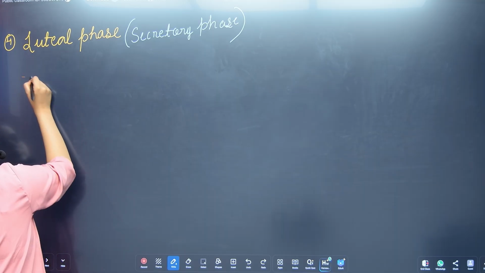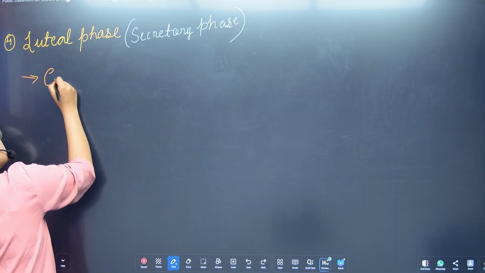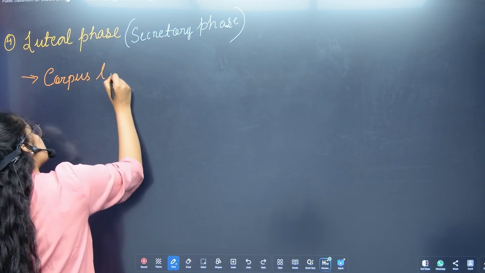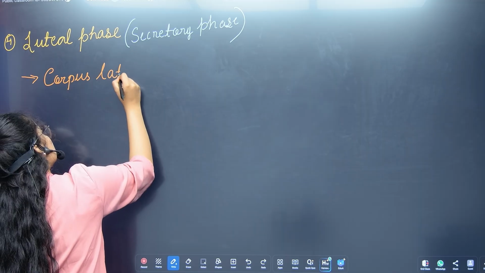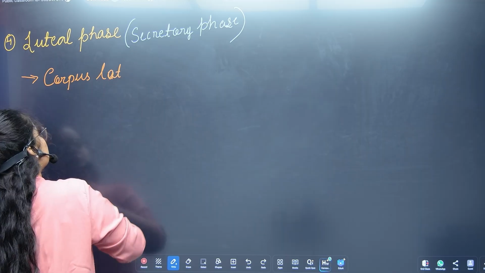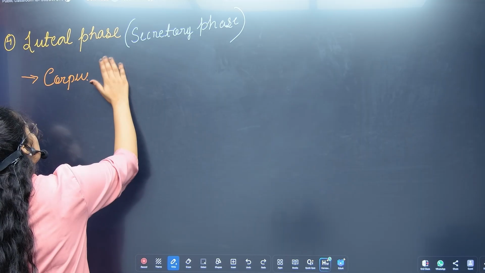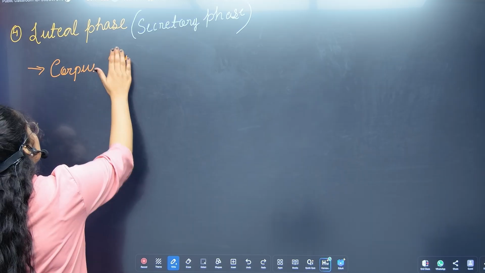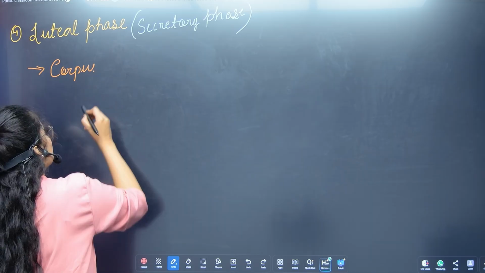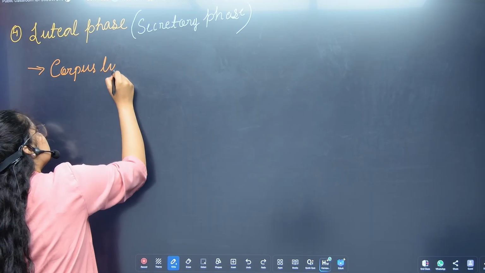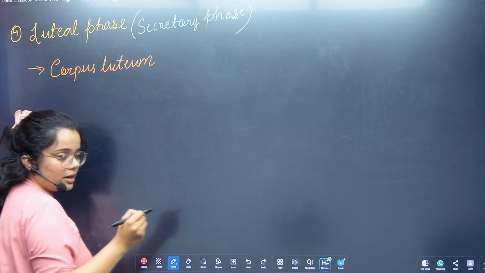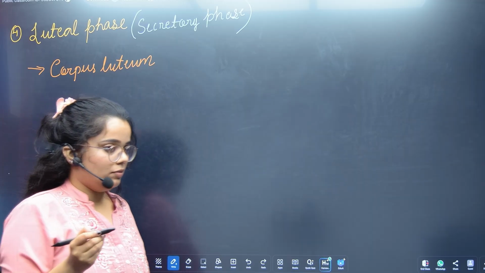Here, the corpus luteum has been formed as a result of the release of the secondary oocyte from the mature Graafian follicle.